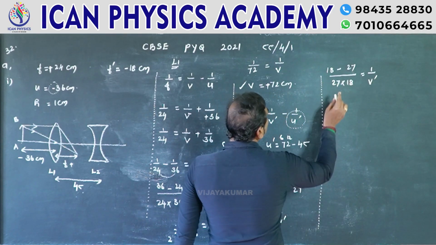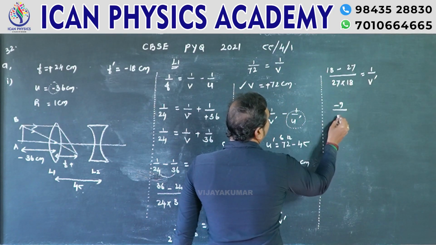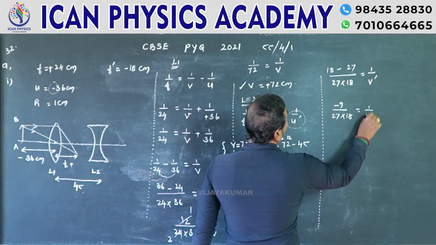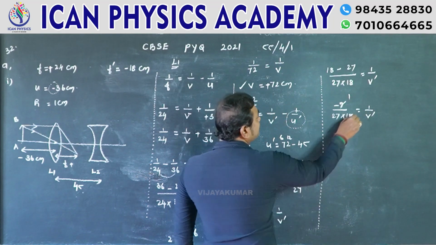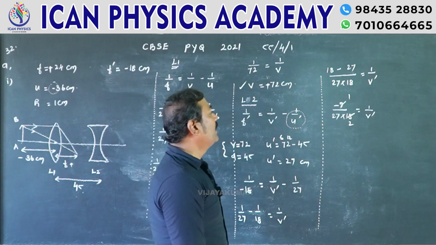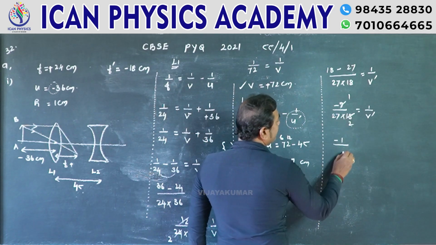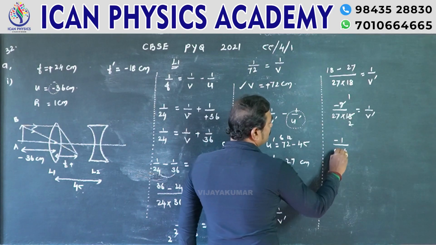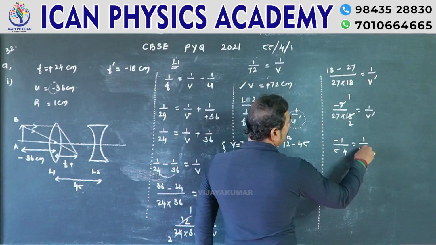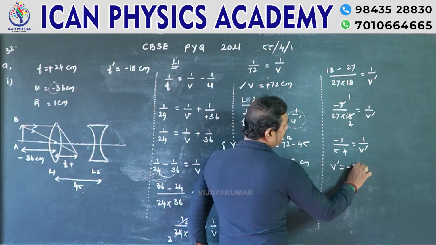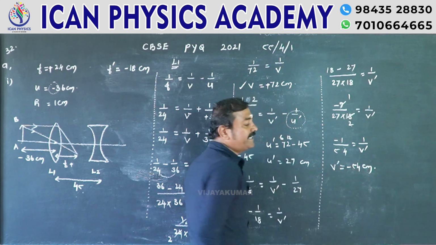So 27 minus 18 is 9, so minus 9 by 27 into 18 equals 1 by v dash. 1 9 is 9, 2 9s are 18. So 1 by 54, and taking the reciprocal, v dash equals minus 54 centimeter.